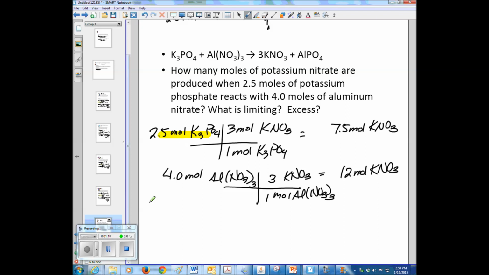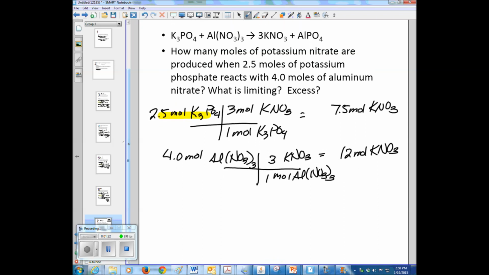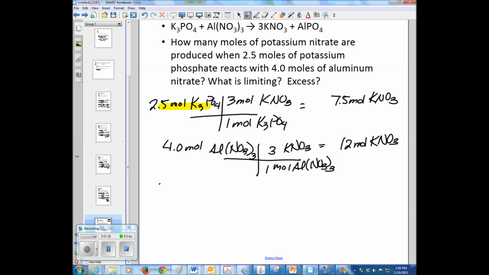Now, to calculate the excess, we're going to solve for how many moles we'll use of aluminum nitrate if we start with 2.5 moles of potassium phosphate. One mole of potassium phosphate for every 1 mole of aluminum nitrate.